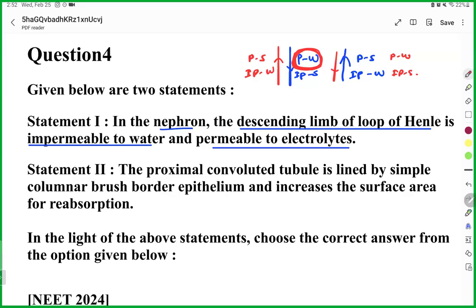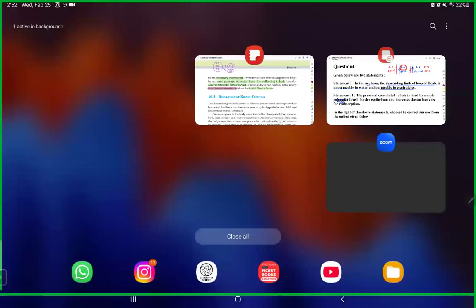Next, Tuhina. I think that's true, sir. Not columnar, cuboidal. Cuboidal brush border epithelium increases surface area for reabsorption.